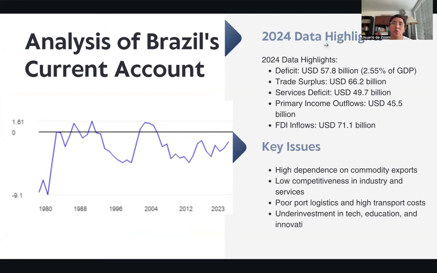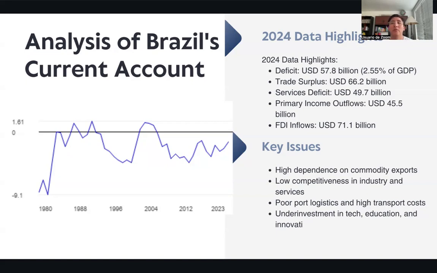Brazil's current account shows how its economy exchanges with the world: exports and imports, services, and investments. In 2024, it recorded a $57.8 billion deficit, or 2.55% of GDP. Despite a strong trade surplus from commodities, Brazil faced high outflows in services and income, mainly from interest and dividends paid abroad.